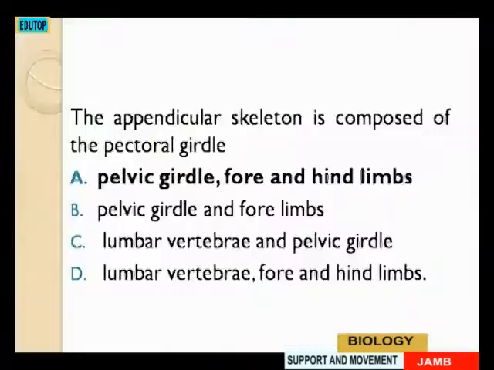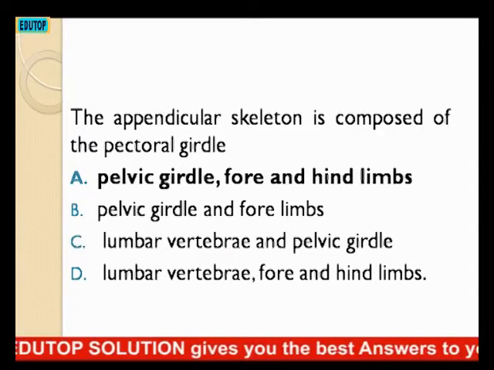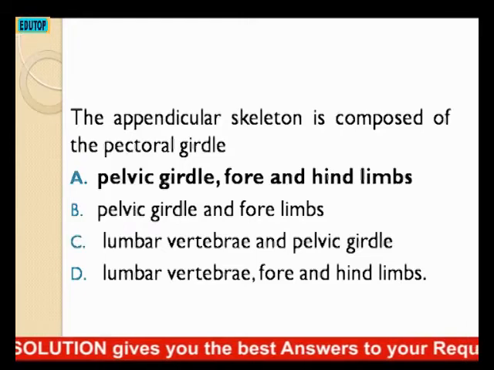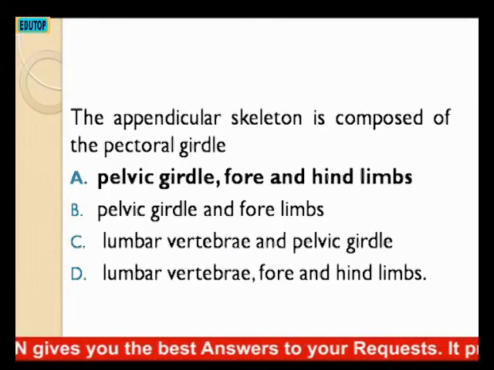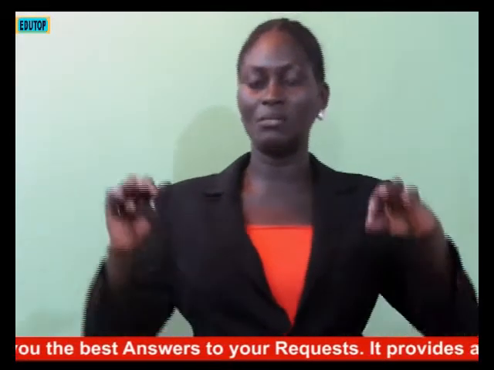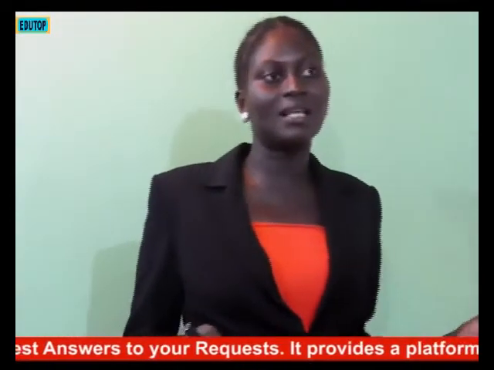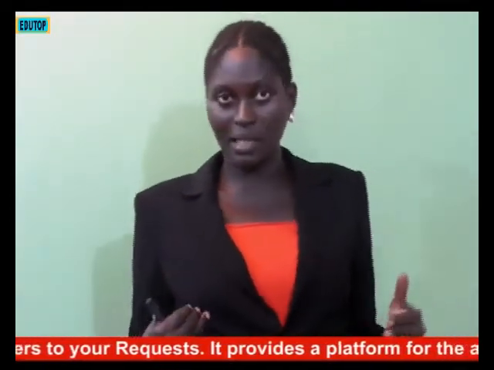The next question: the appendicular skeleton is composed of the pectoral girdle with A, pelvic girdle, fore and hind limbs, B, pelvic girdle and fore limbs, C, lumbar vertebra and pelvic girdle, D, lumbar vertebra, fore and hind limbs. You know, the mammalian skeleton is divided majorly into two: the axial skeleton and the appendicular skeleton.